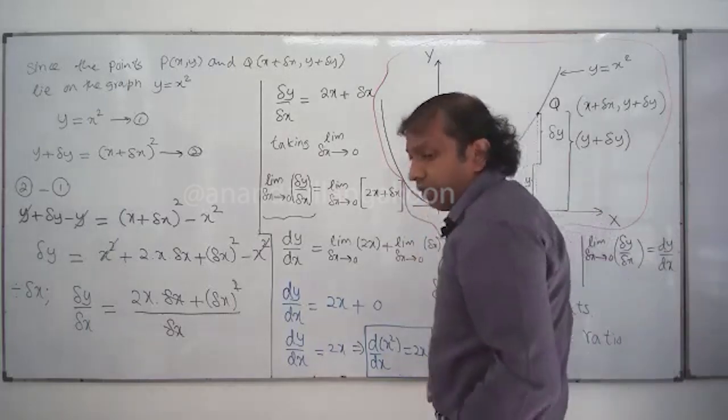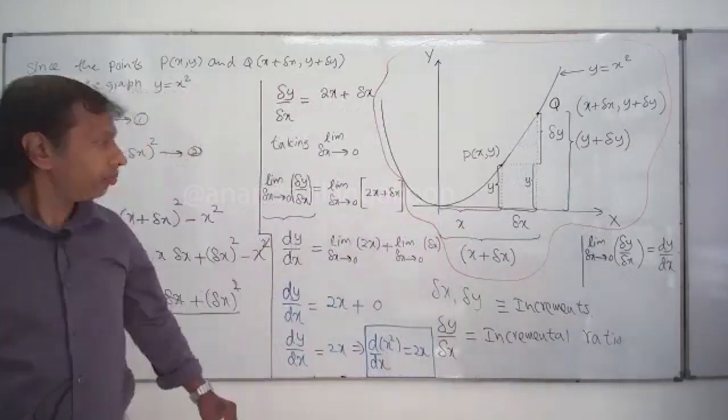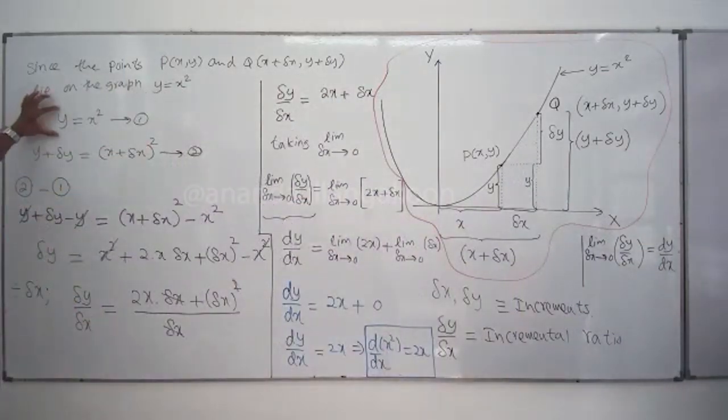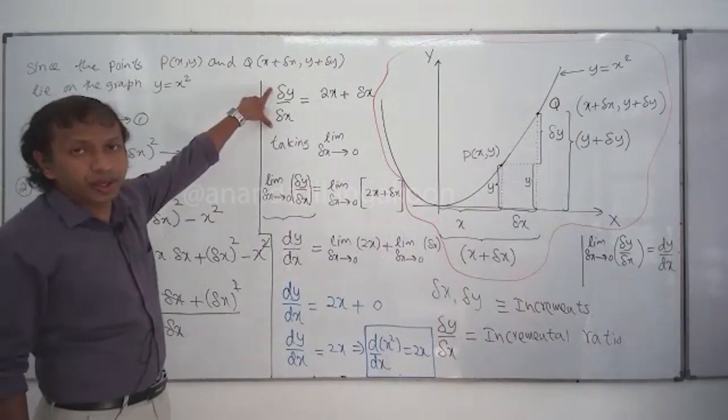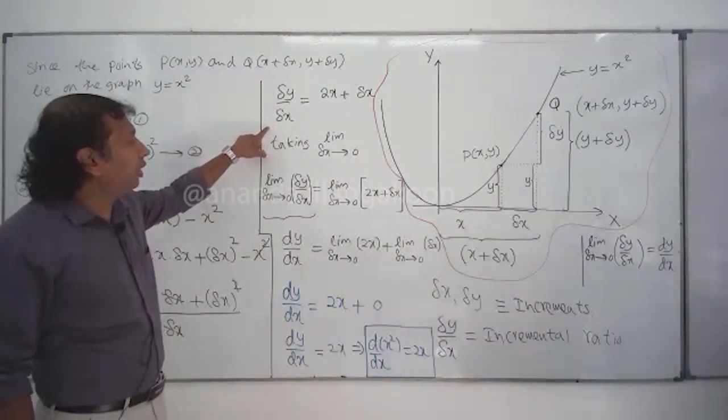Right. And then people, write down this equation number 1 and this equation number 2, and take 2 minus 1, find delta y, and divide both sides by delta x. Come up to here and don't write anything after that, right?